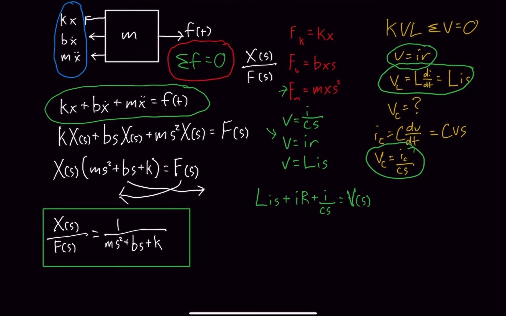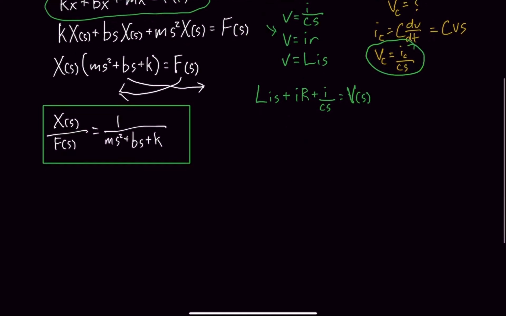So rearranged here, we can see our inductor, our resistor, and our capacitor. If you remember your impedances, this should be pretty straightforward, because what we're going to end up with is, this is our V of s.